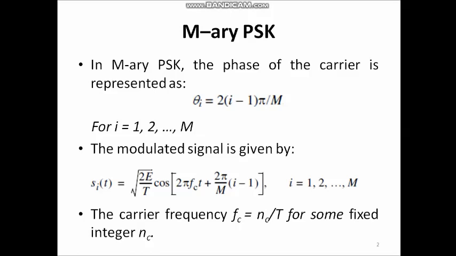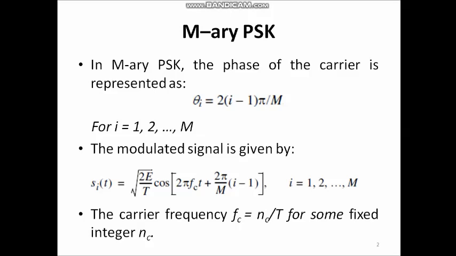So, s_i(t) equal to root of 2E by T cos(2 pi f_c t plus 2 pi by M into (i minus 1)). Use the cos(A plus B) formula. So, we can write it in the next step as s_i(t) equal to root of 2E by T cos(2 pi by M into (i minus 1)) cos(2 pi f_c t) minus root of 2E by T sin(2 pi by M into (i minus 1)) into sin(2 pi f_c t).